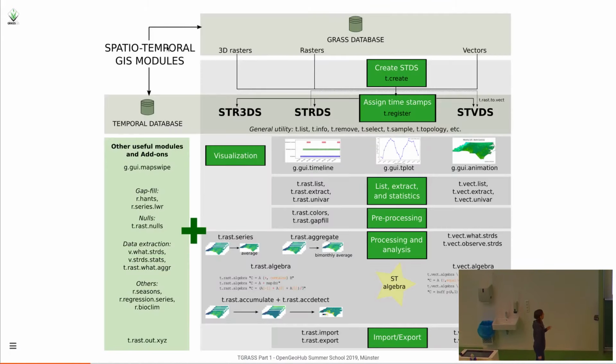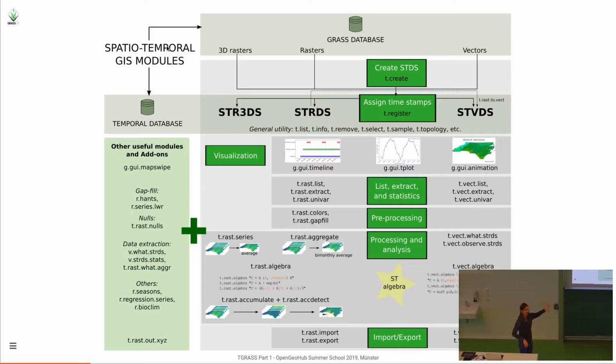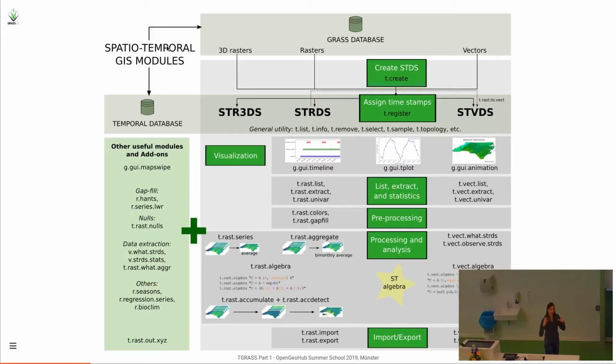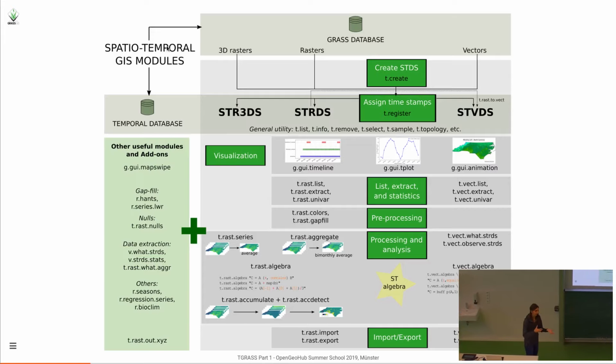What I wanted to represent there is the general framework and how the temporal framework is embedded into the GRASS data structure that we saw yesterday in the tutorials with Marcos.